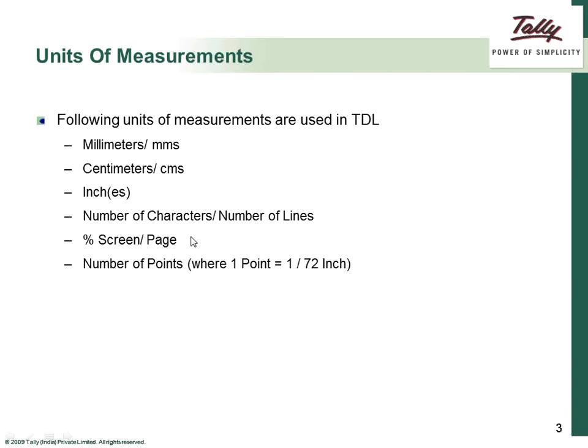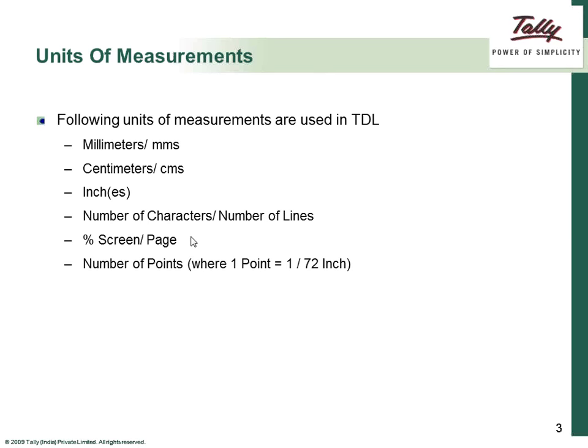The units of measurement that are allowed in TDL are millimeters or mm, centimeters or cms, inch or inches, number of characters or number of lines, percent screen or percent page, and number of points.